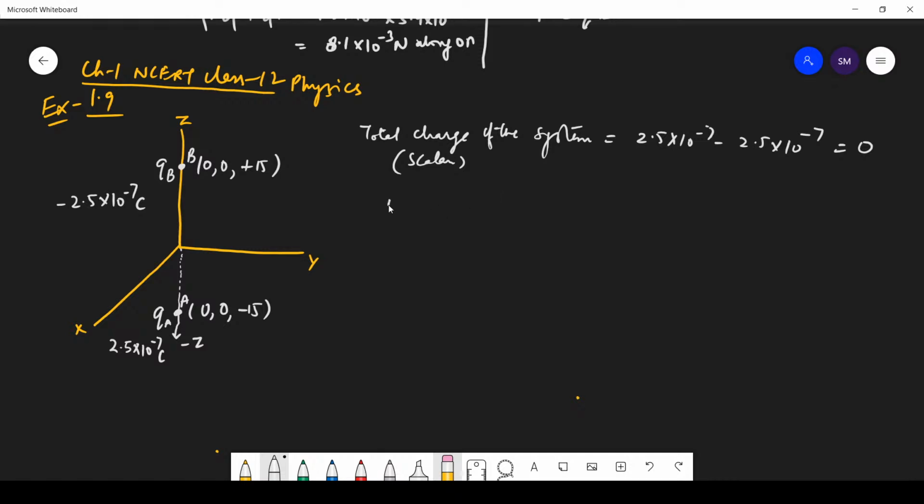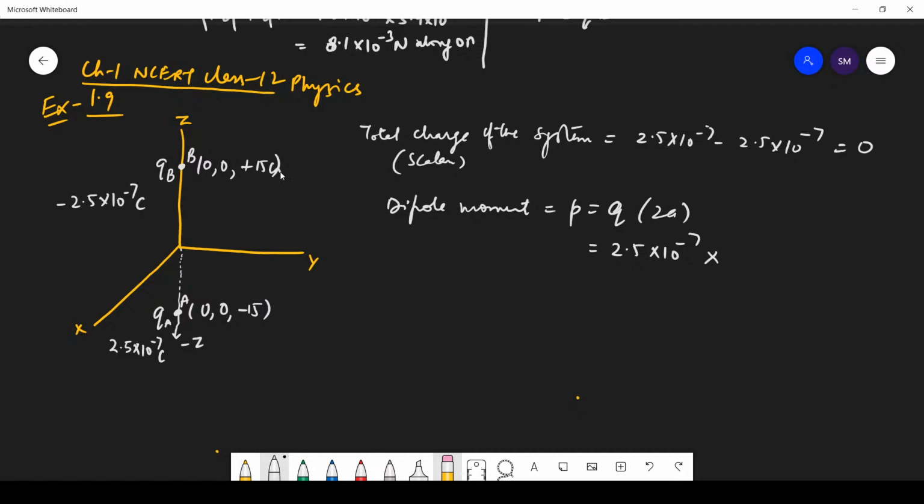Now what is the dipole moment? The dipole moment P is equal to one of the charges into the distance between them, that is 2A. So one of the charges' magnitude we can take, that is 2.5 × 10⁻⁷, multiplied by the distance between them.